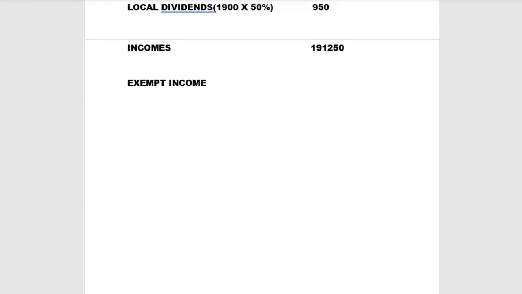And in the interest exemption, we're going to look at the limitation. It's 23,800 rand. How much is the interest? The interest would be 13,000 plus 9,300 rands.